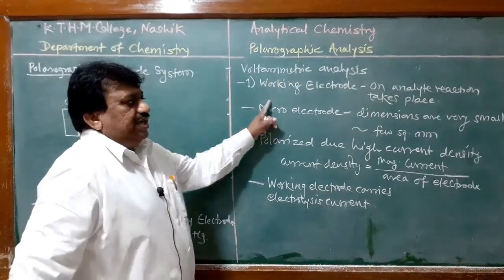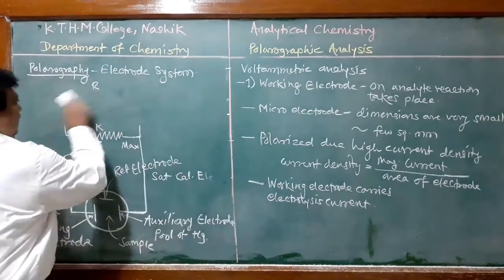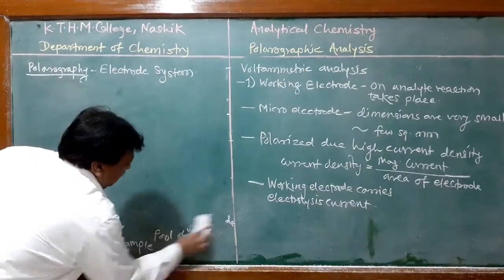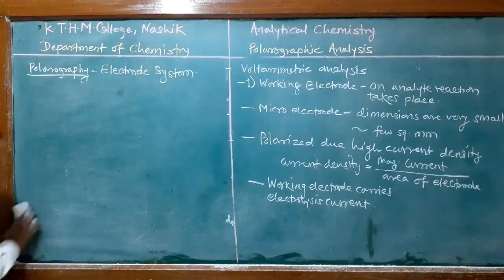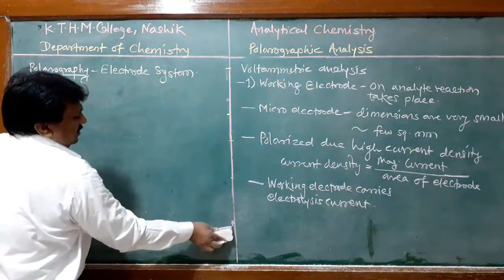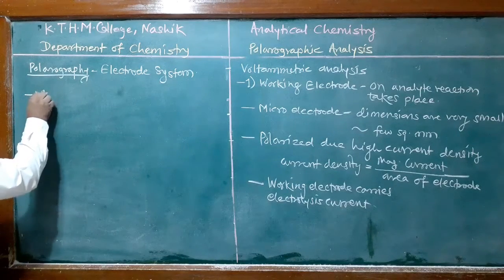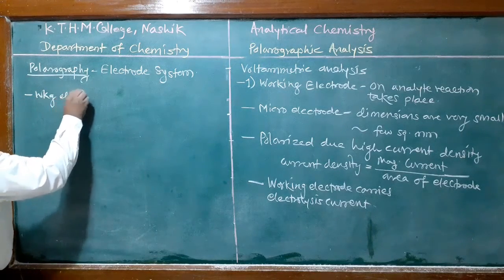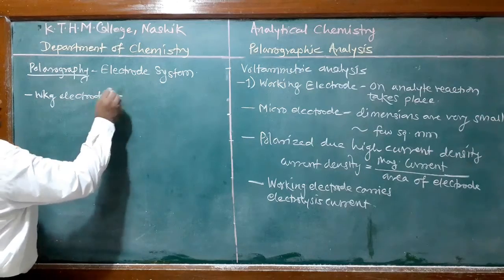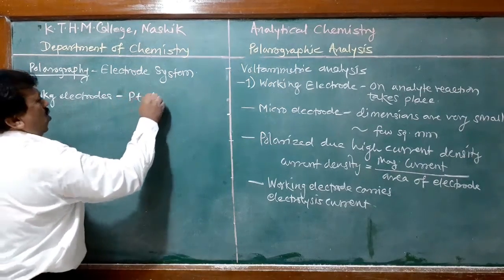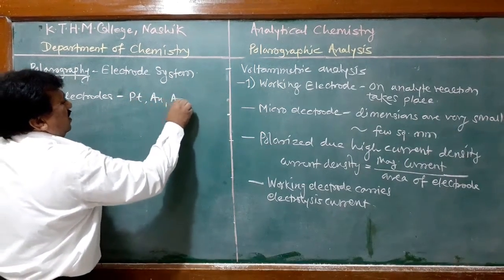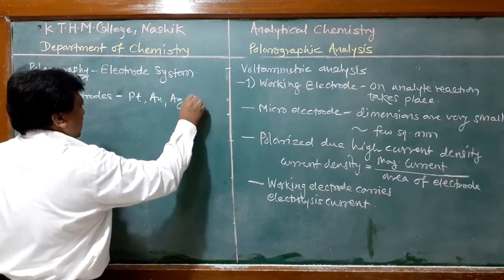Working electrodes which are employed in voltammetric analysis are made up of gold, platinum, silver, or sometimes graphite.